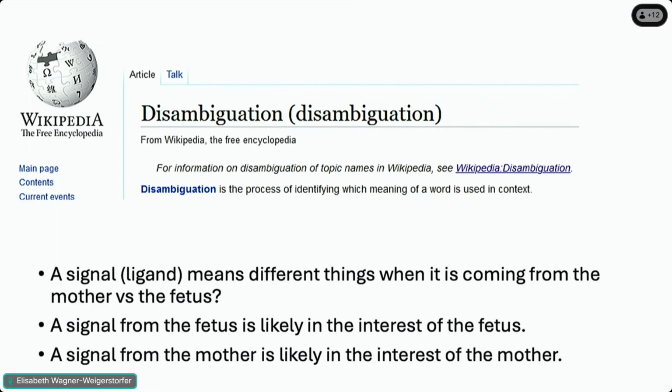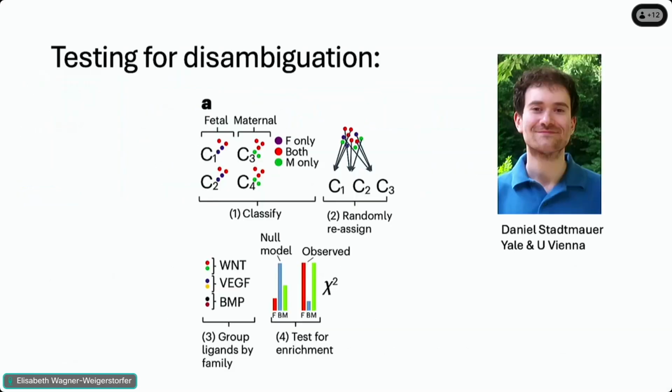And the idea is that after mother and fetus start communicating with each other, there should be an evolutionary tendency of producing ligands preferentially either in the fetus or in the mother. And this is exactly what we find.